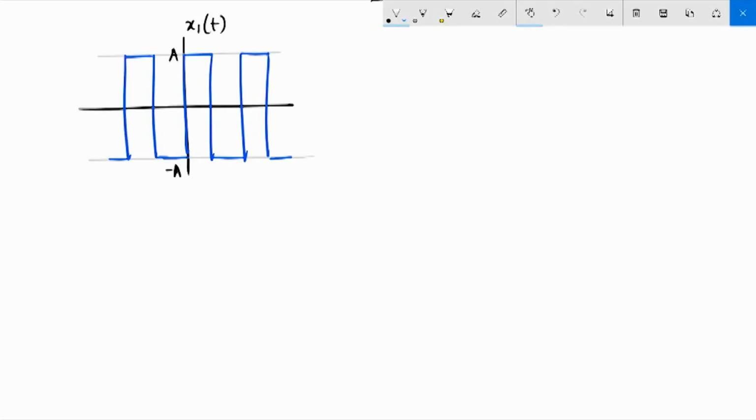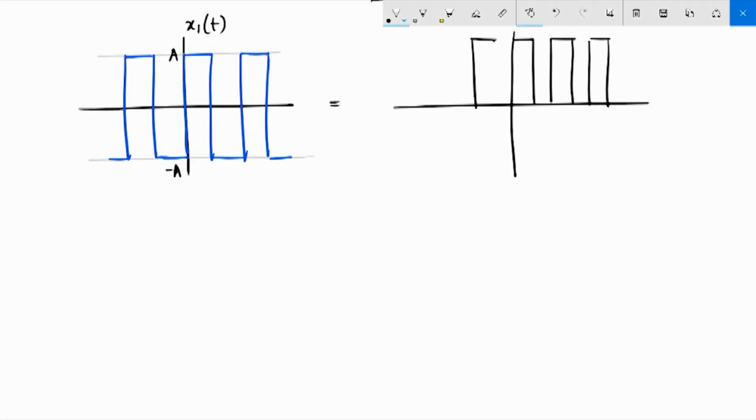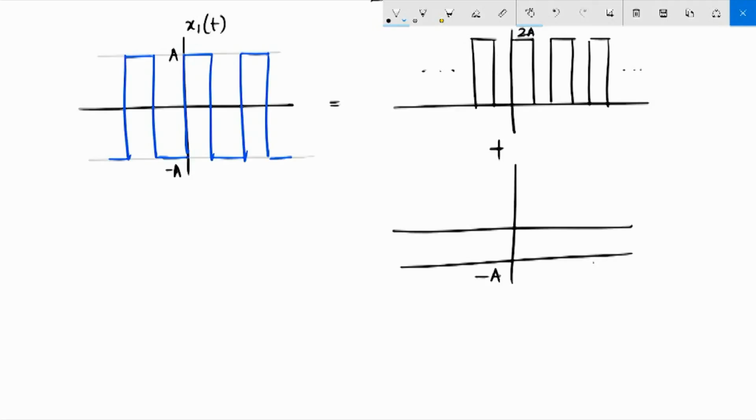In order to write its Fourier series representation, note that we can write this waveform as this square wave subtracted by a value a for all t. Instead of amplitude a, its amplitude is 2a, and this is subtracted by a, meaning it is clamped down by an amount of a.